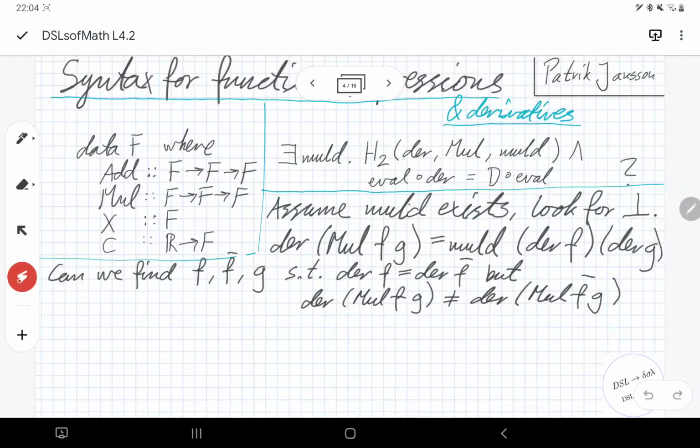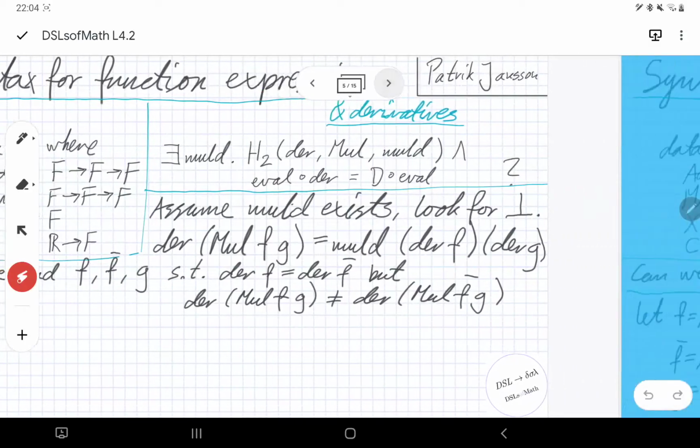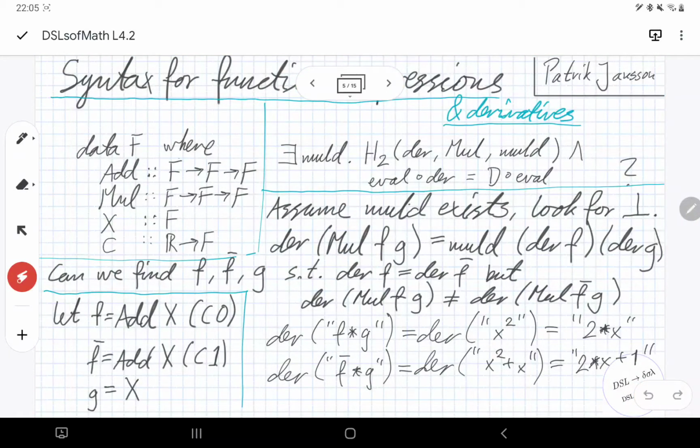But yet, when we multiply those two different f and f bar by g, the derivatives should be different. And yes, it's not very difficult to find such examples, so I'll move rather quickly to this case. Informally, we have the computation here.